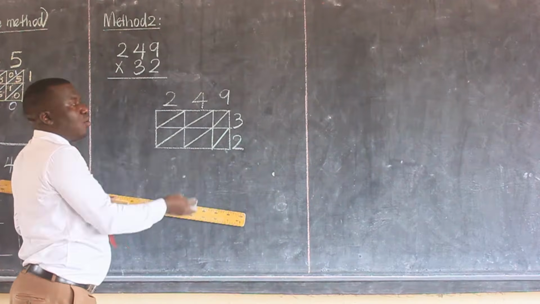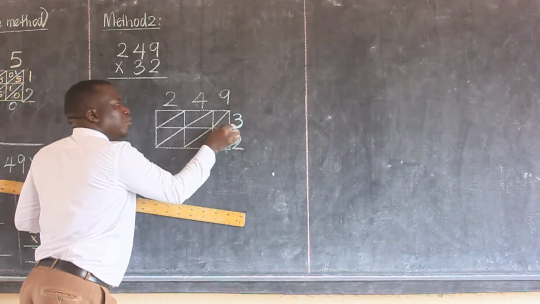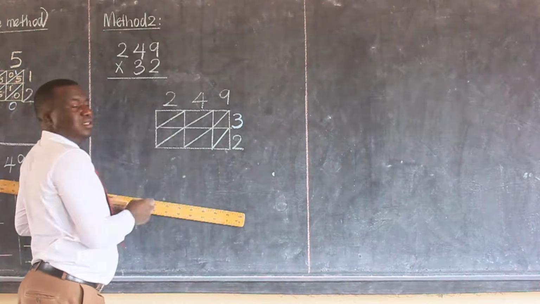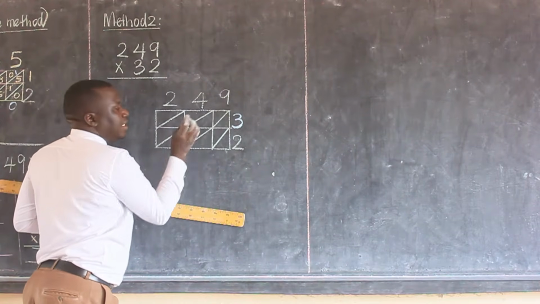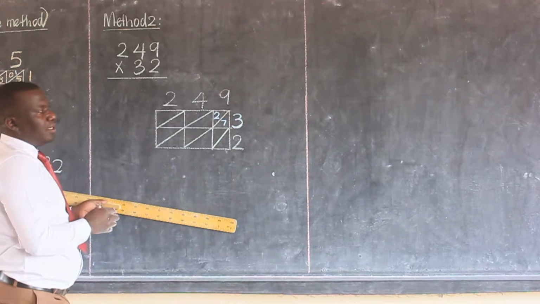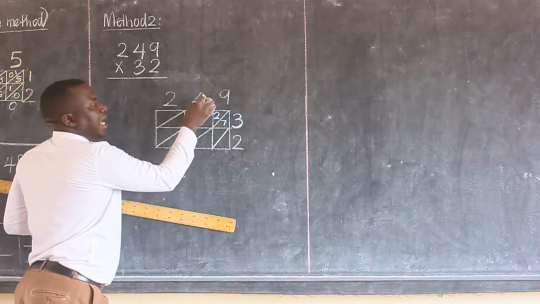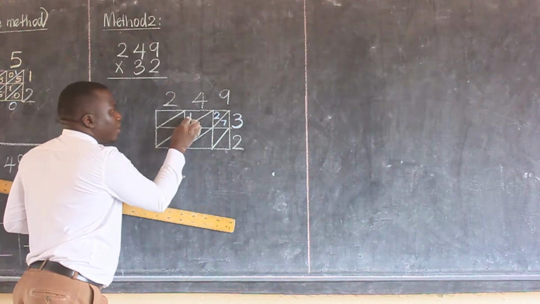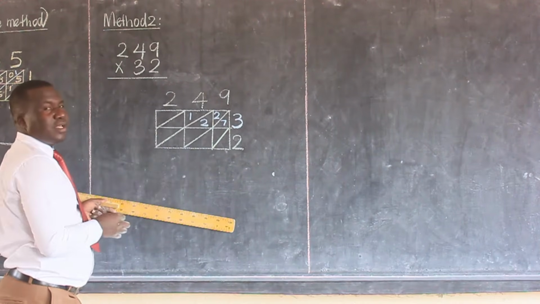Now, let's multiply now. 3 is going to multiply each of these. What is 3 times 9? It is 27. So you're going to write 27 here. Okay? What is 3 times 4? It is 12. So you write 12. Okay?